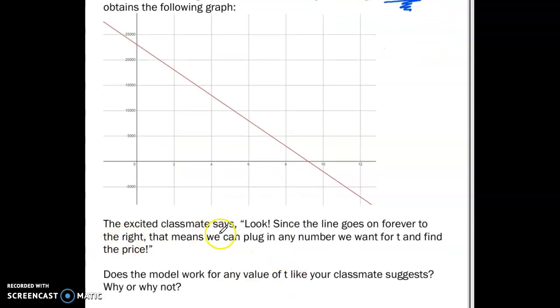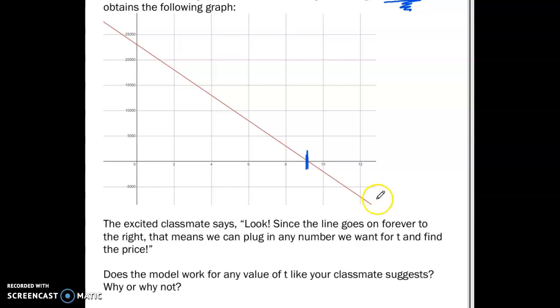And an excited classmate says, hey, look, since the line goes on forever, we can plug in any number for T and find the price. Does the model work for any value of T? And the answer here is it works in this range. You can't go back in time, so you can't go negative time. And after a certain point right here, the price of the car is not going to be negative.